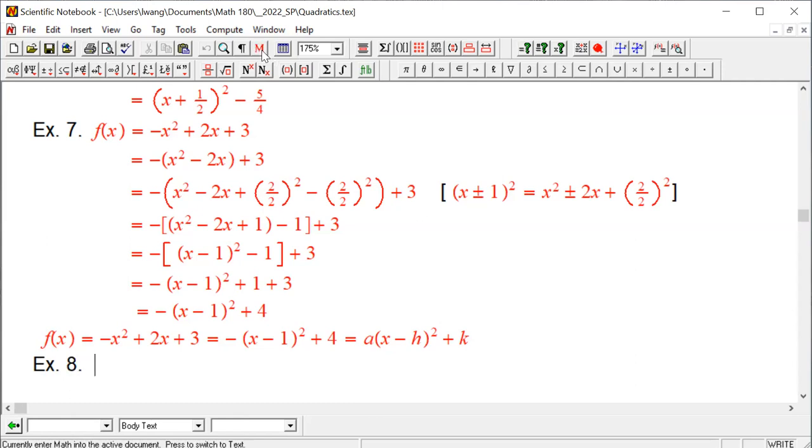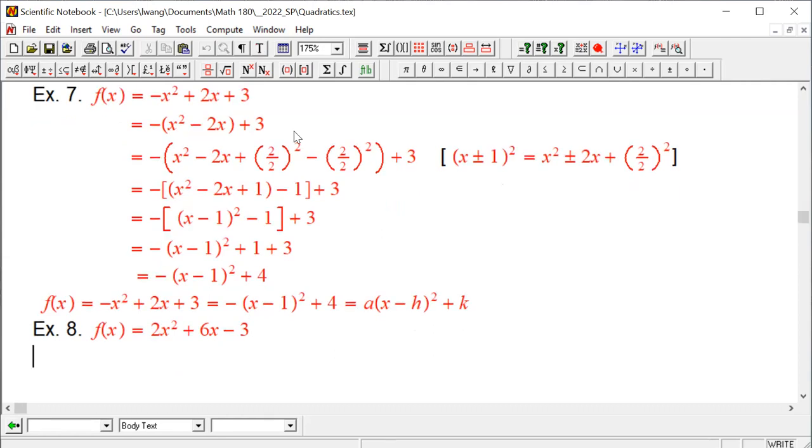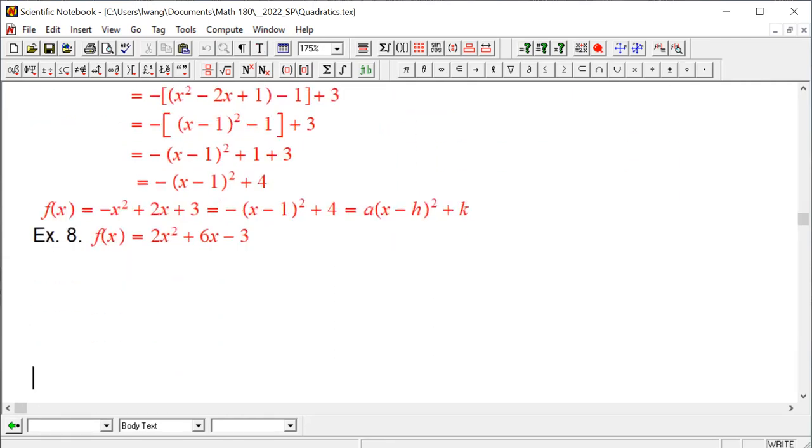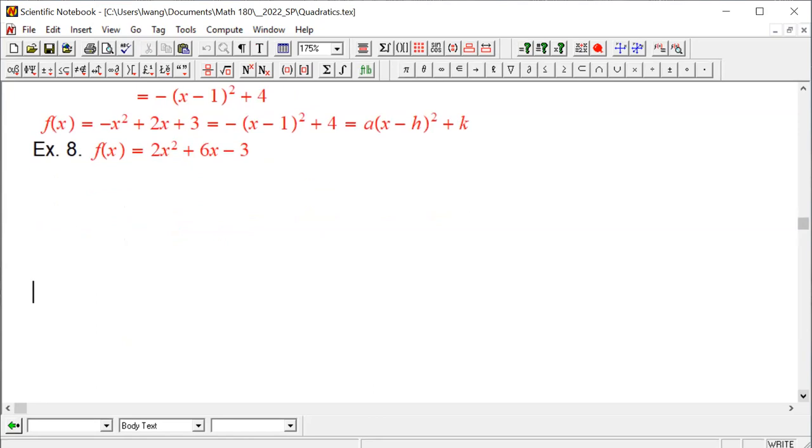Okay, so let's look at this example. F of x equals 2 times x squared plus 6x minus 3. Okay, what do we do?